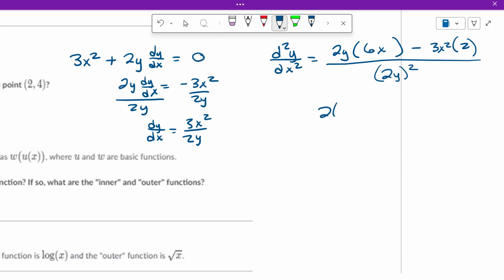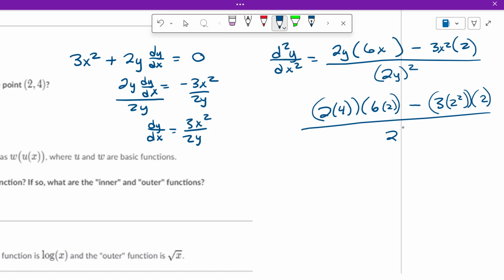So it's 2 times 4 times 6 times 2 minus 3 times 2 squared times 2 over 2 times 4, and that is squared.